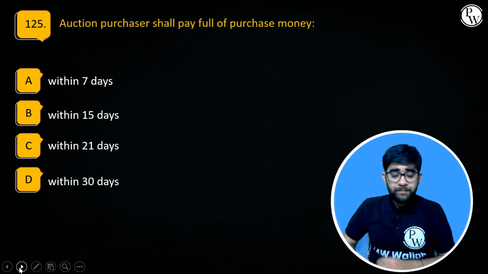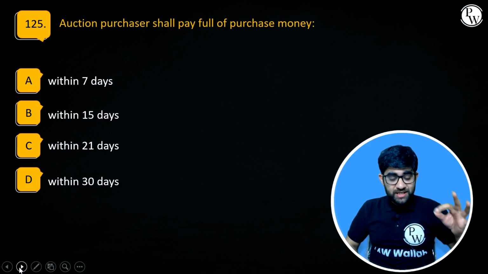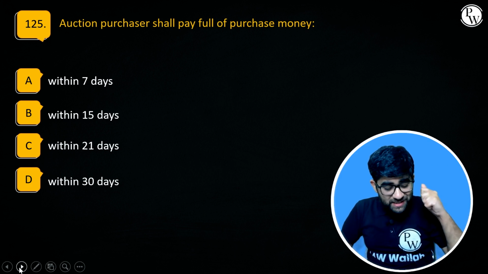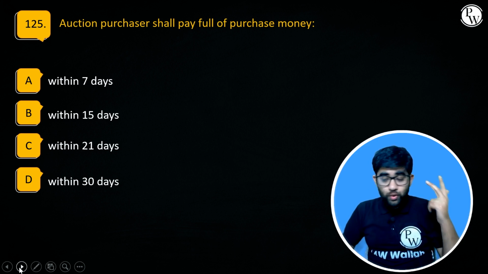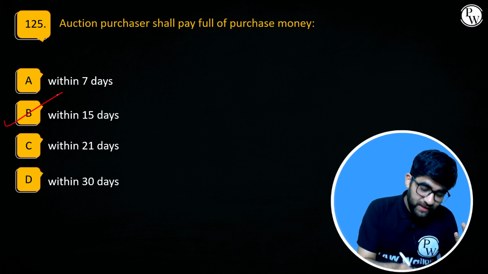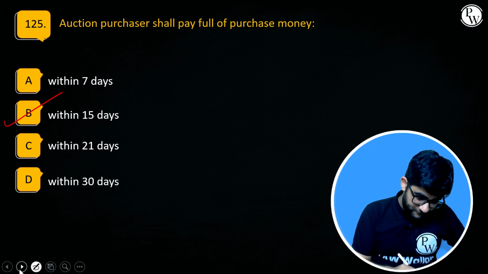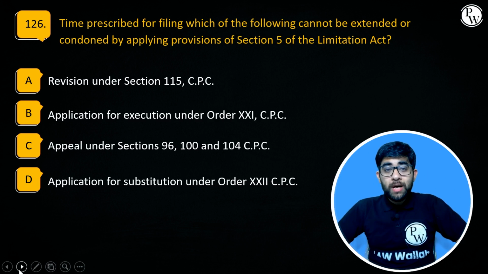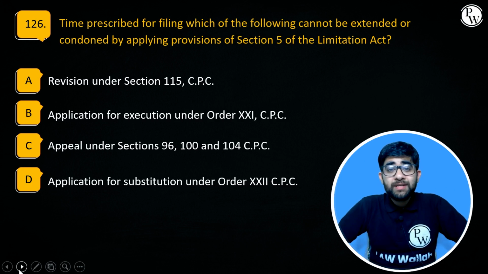Next, auction purchaser shall pay full purchase money within 7 days, 15 days, 21 days, or 30 days. The answer to this is within 15 days. Next, 126. The time prescribed for filing which of the following cannot be extended or condoned by applying provisions of Section 5 of the Limitation Act?